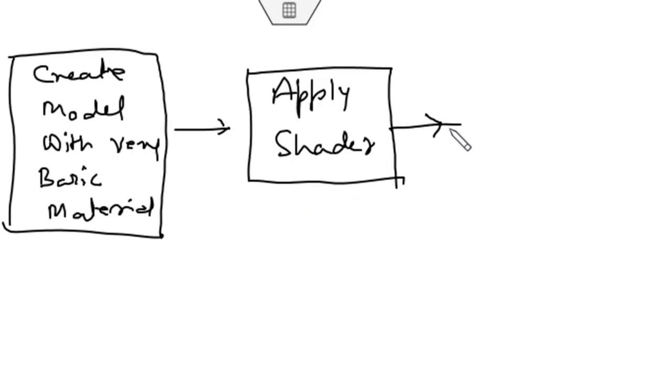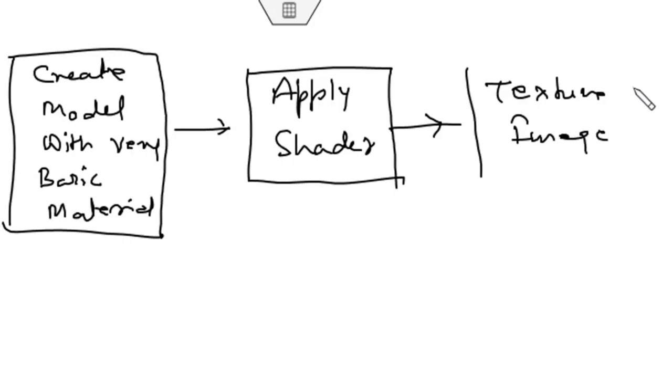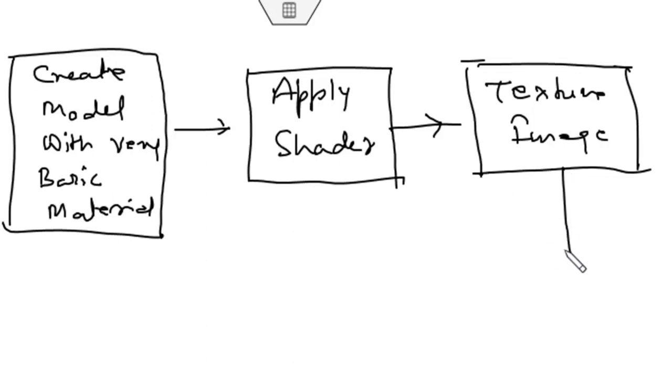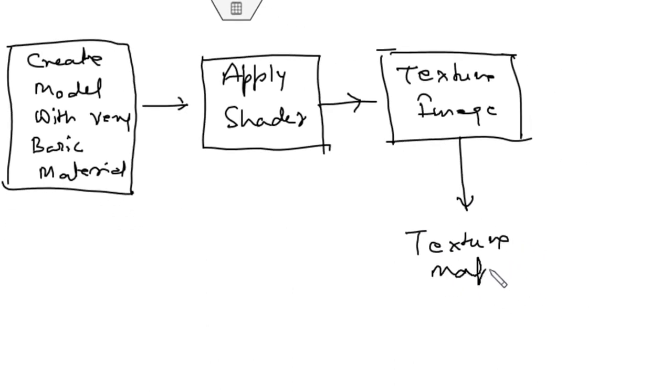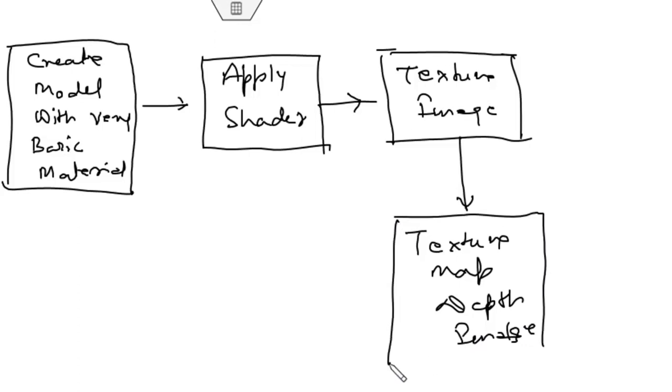So after applying the shader, we apply the texture image on that model, and once we apply the texture image, after that we can apply the texture map or depth image in order to get a real look.